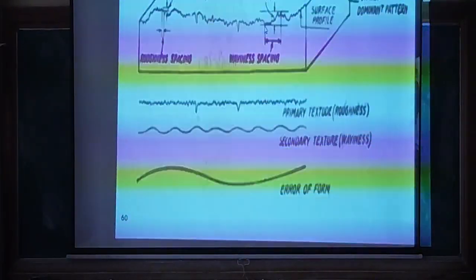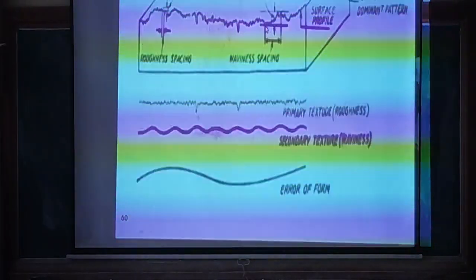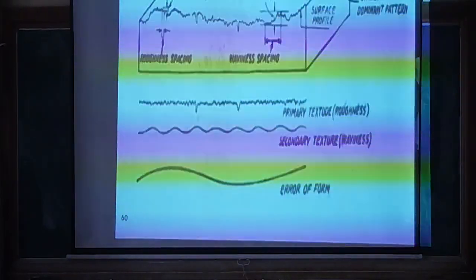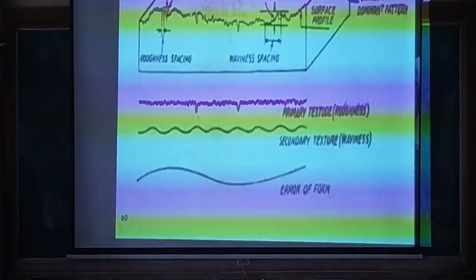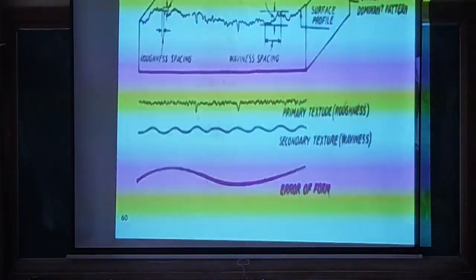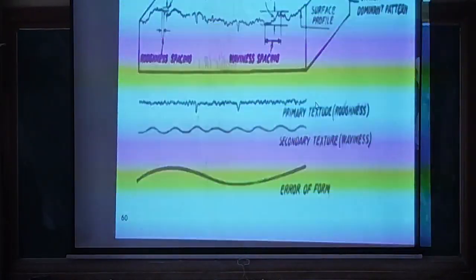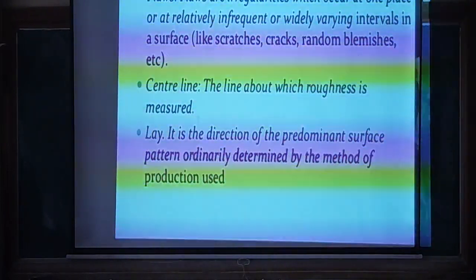Here the valley is the depth of the valley and the height of the texture, the hill and valley, the crest point and the root point. Next is the flaws.